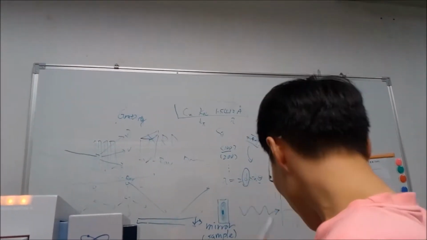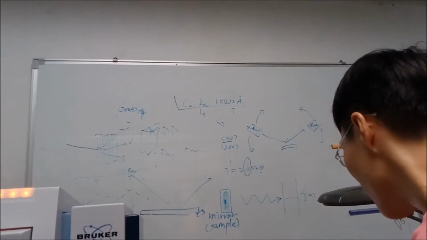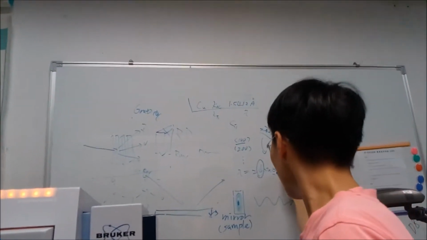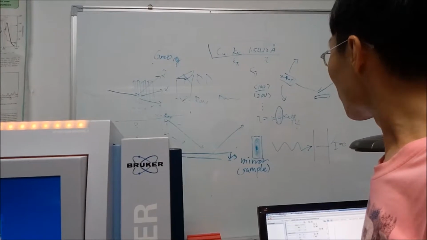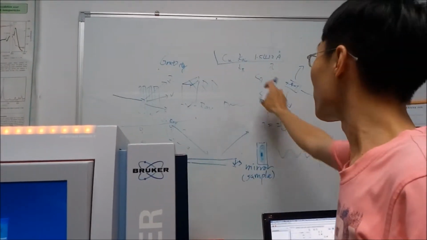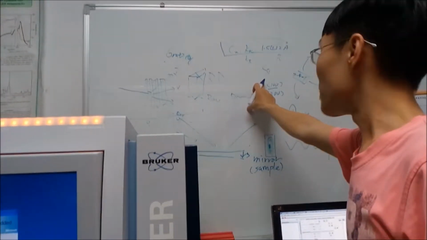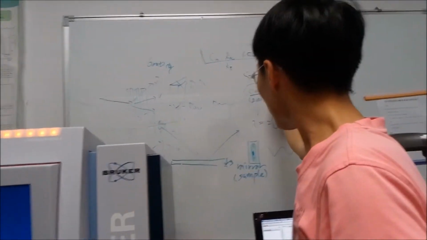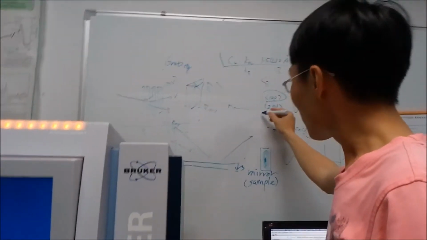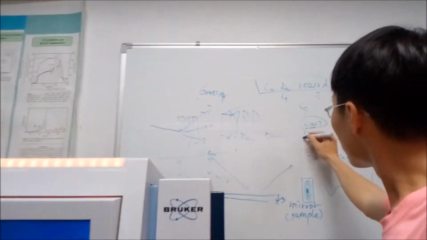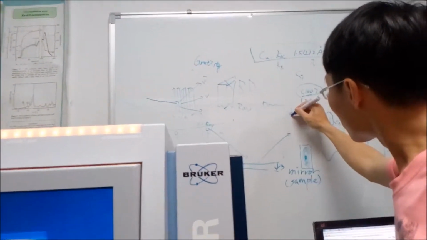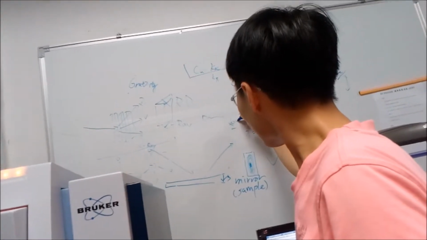The theta here is from 2 theta, so your theta is maybe 40 degrees, and calculate the d spacing of this. If you know the d spacing of 100, this is equal to d100.